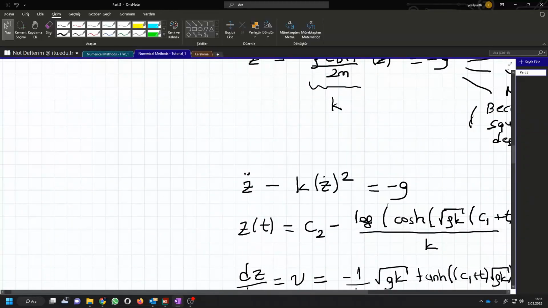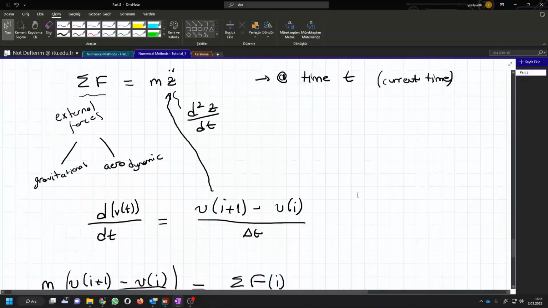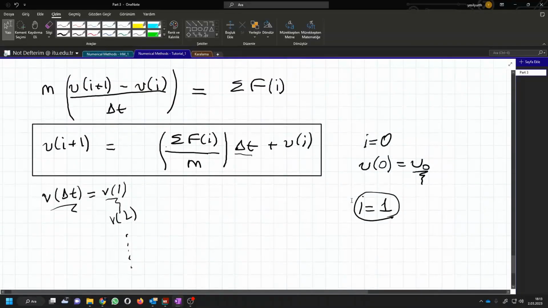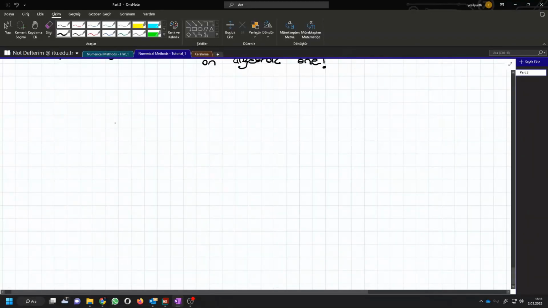This was our differential equation: d square z over dt square equals to sigma fz.